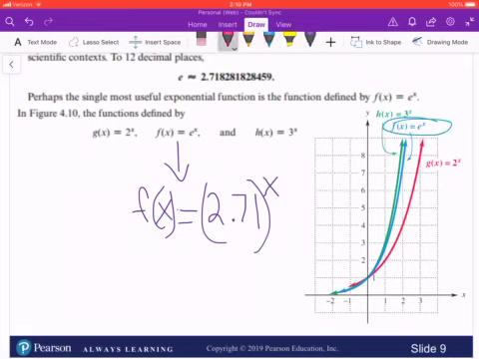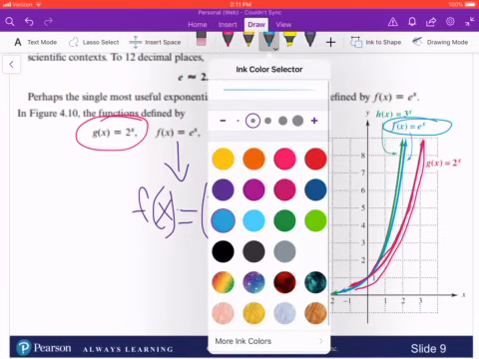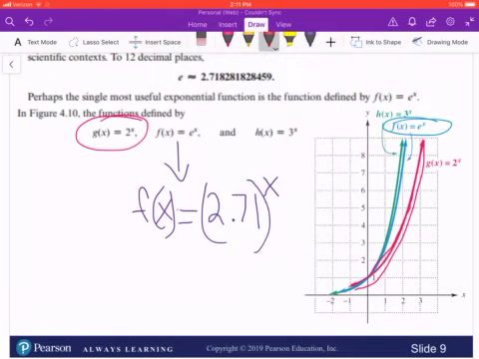As you can see, compared to 2 to the power x, which is here in red, and comparing it to the graph of 3 to the power x, which is in green, the graph of e to the power x is in between, a little bit closer to 3 to the power x because of the number 2.71. It's closer to 3 than it is to 2. So that is how the graph will look.